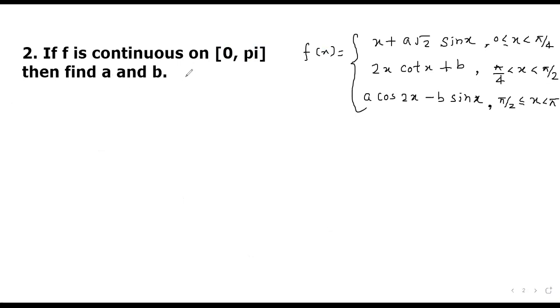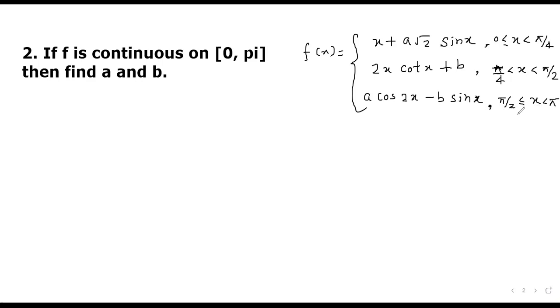If f is continuous on 0 to pi, then find a and b. The function is x plus a root 2 sine x when 0 is less than x is less than pi by 4, then 2x cot x plus b when pi by 4 is less than x is less than pi by 2, then a cos 2x minus b sine x when pi by 2 is less than x is less than pi.